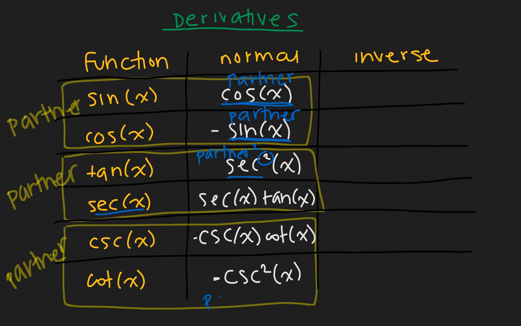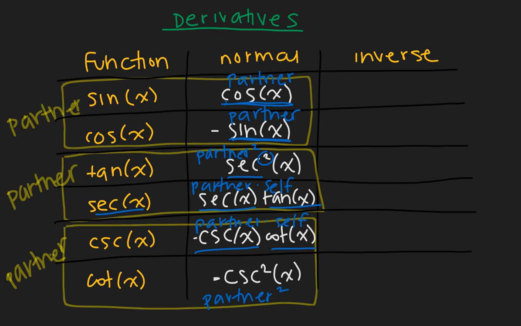And this is also partner squared. And then lastly, for these two, they're their partner times themselves. So partner times self, and partner times self.